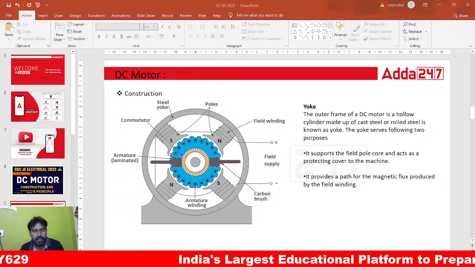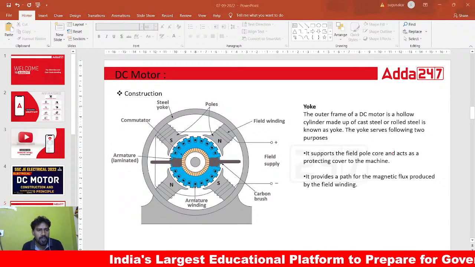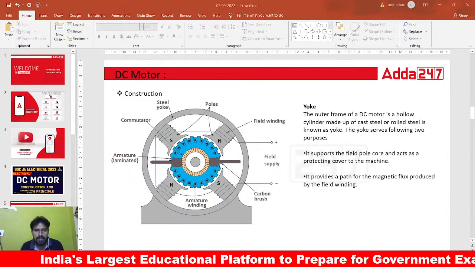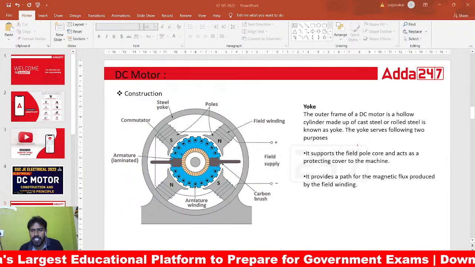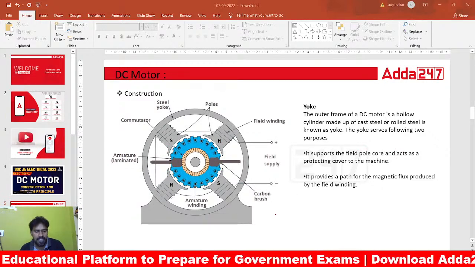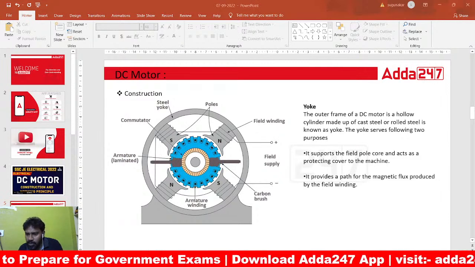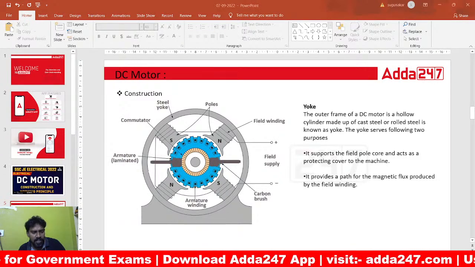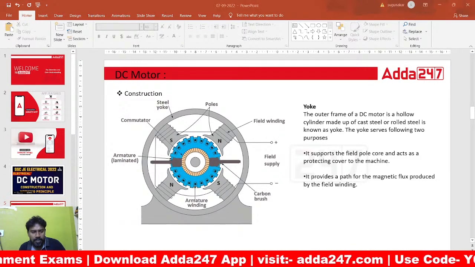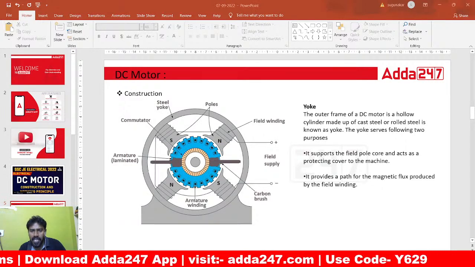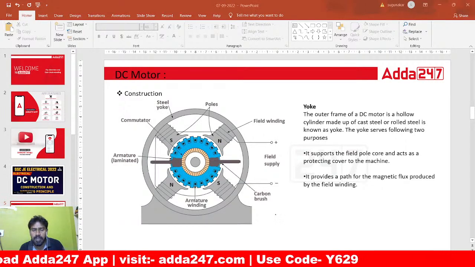What is the purpose of the yoke, constructed on the outer side of the motor? Sometimes someone previously gave the answer, low reluctance. Yes, that is also an answer. Outer layer is yoke. What is the purpose of the yoke?